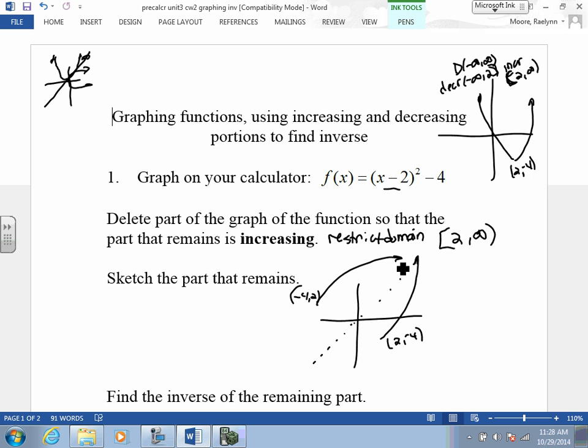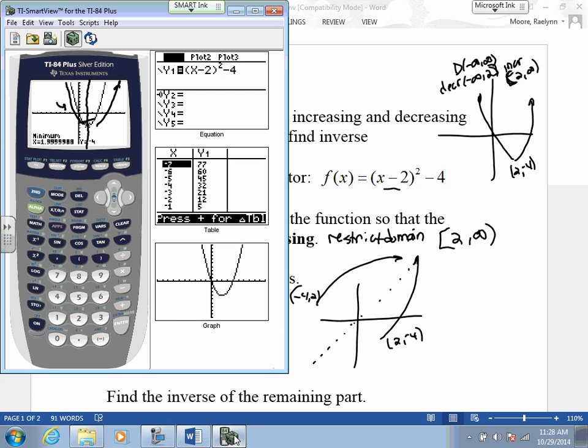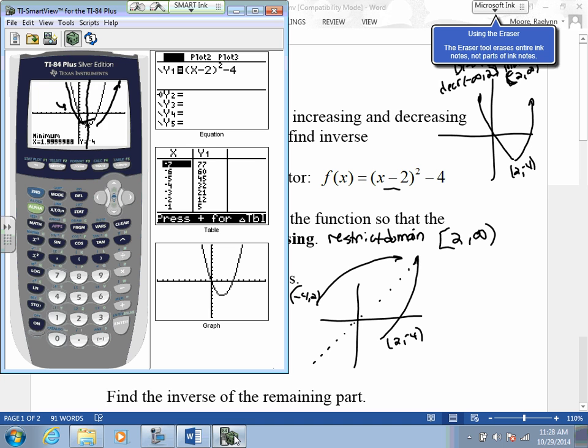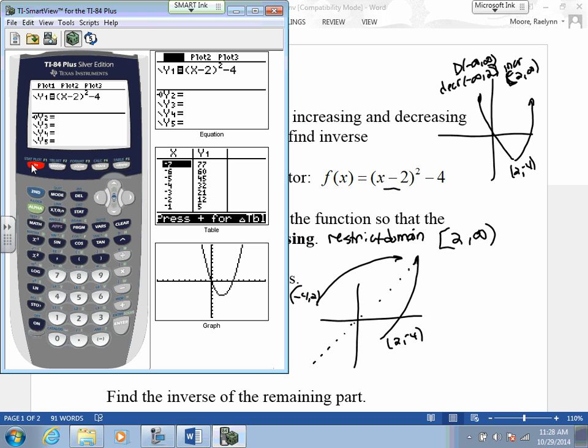Now, on your calculator, we can restrict this. We did this yesterday. We can say only do from 2 to infinity. X is greater than or equal to 2.